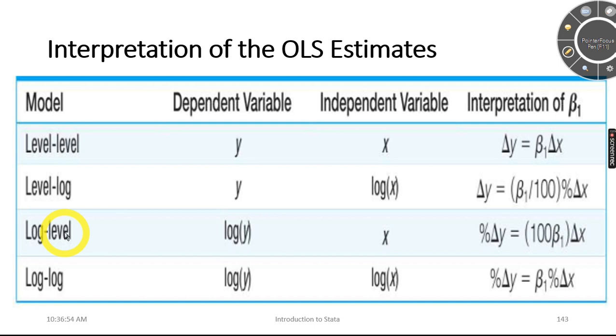More specifically, age is linear, it's at level. If that is the case, you need to interpret your coefficient like this. You need to multiply the coefficient by 100%. Therefore, the coefficient estimated there must be multiplied by 100.